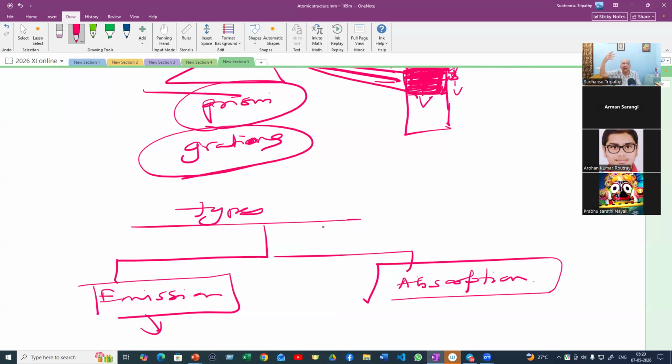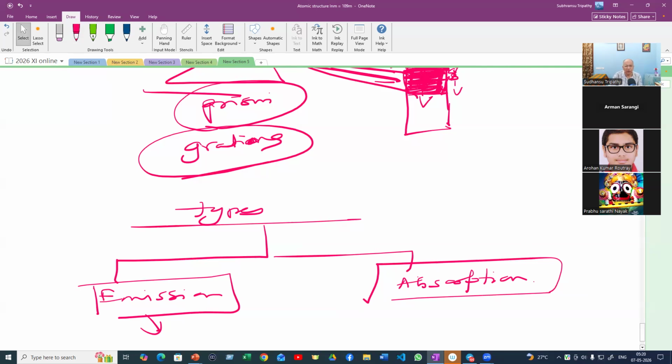A spectrometer gives a graph, a curve, of which radiations are being absorbed and what their intensity is. This wavelength is absorbed at maximum intensity, this at lowest intensity. So you get a graph going from a minimum point to a maximum and then falling down: the absorption peak, and also the emission peak.